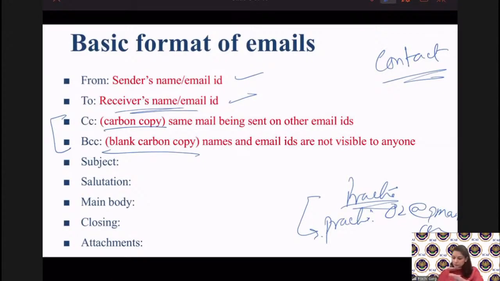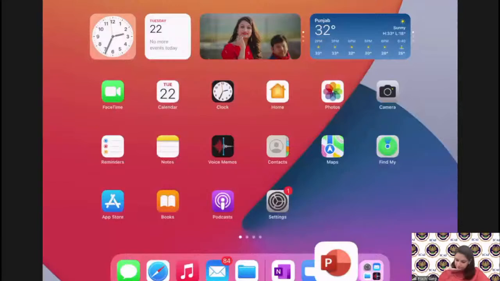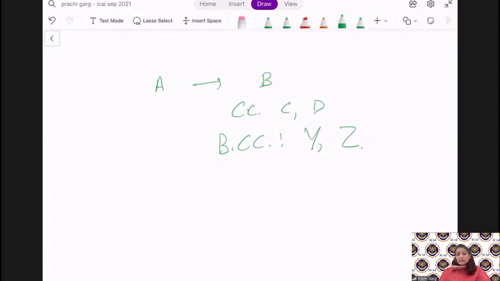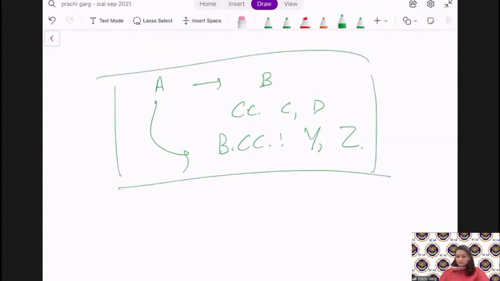Look at this. Now, A sends email to B. In CC, A marks C and D. In BCC, A marks Y and Z. Now, the same email has been sent to all of these people.